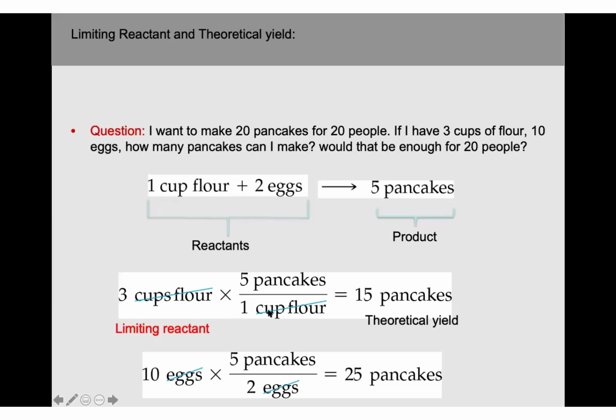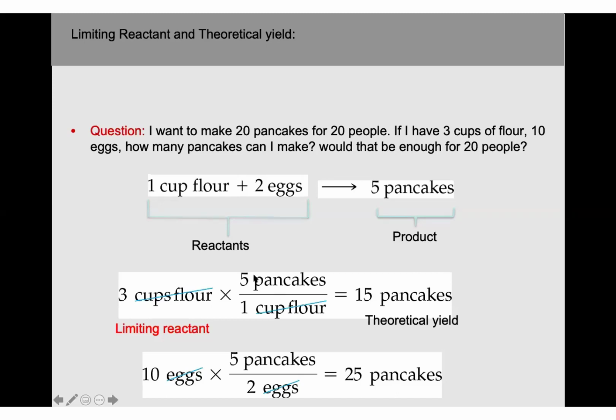So here we call the flour a limiting reactant. A limiting reactant is a reactant that is used up first in the chemical reaction. It is completely used up in the reaction, it is gone, and we don't have any of it in the end.